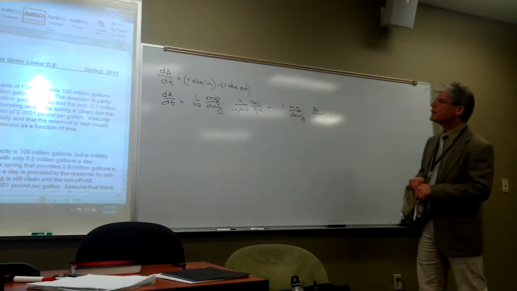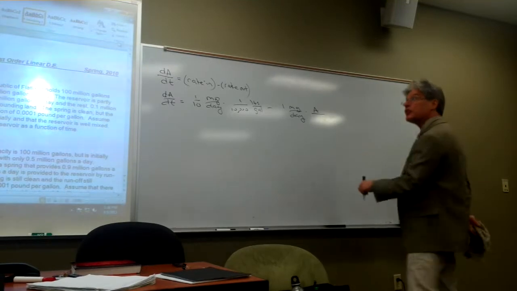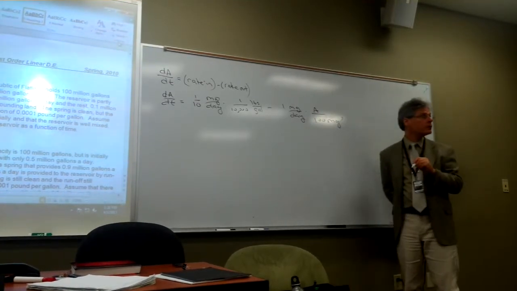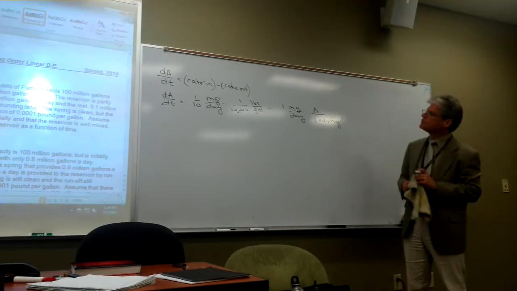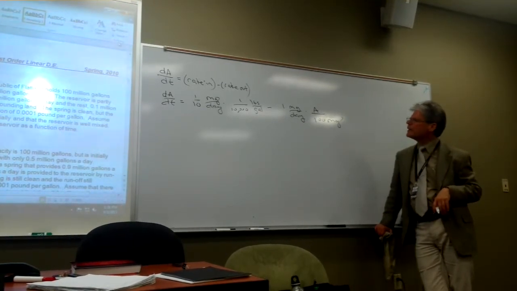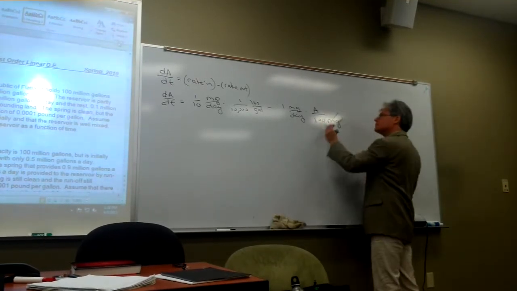Oh, by the way, I forgot something, darn it. I forgot to divide out by the amount of water in there, which you guys agree doesn't change, it's just 100 million gallons. Do you guys agree? That being the case, it's getting kind of confusing. What cancels?